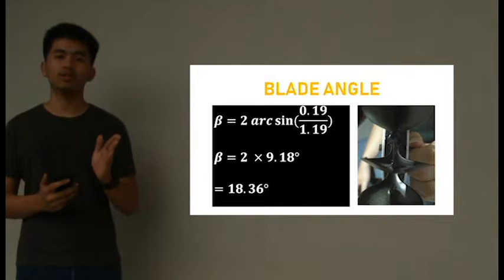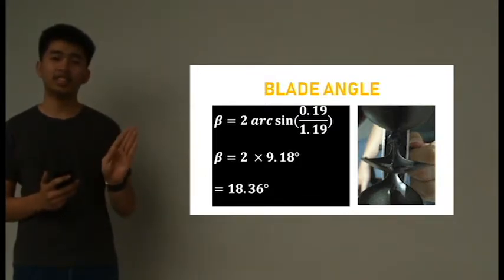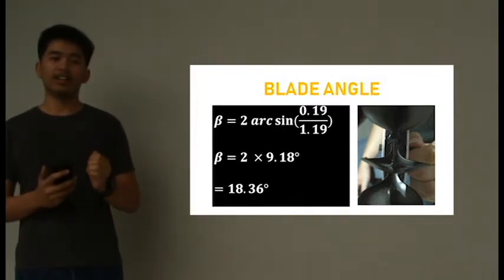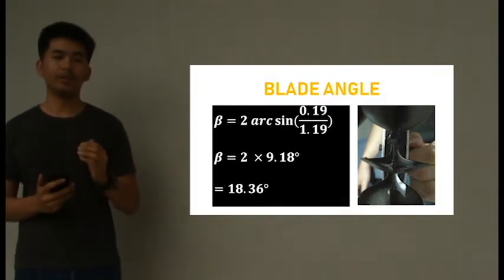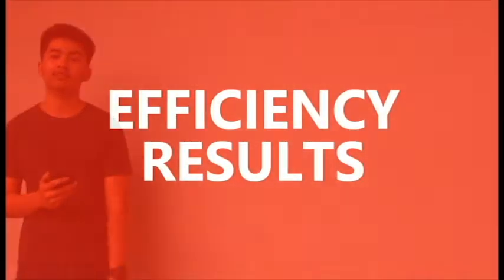Now we try to make a 90-degree triangle, and then we can get half of the beta angle. We multiply it by 2, and then we get the beta angle. So that concludes both of our calculations needed for designing, manufacturing, and testing.